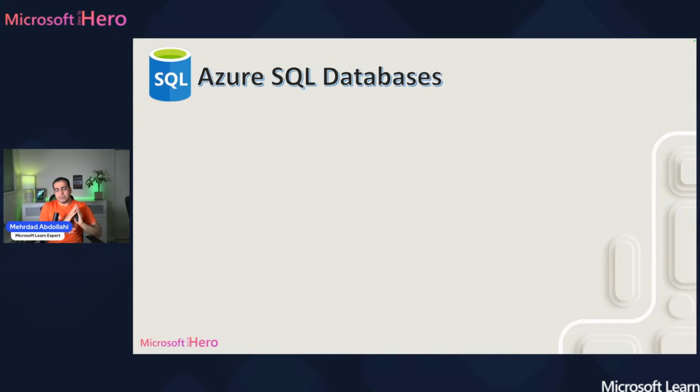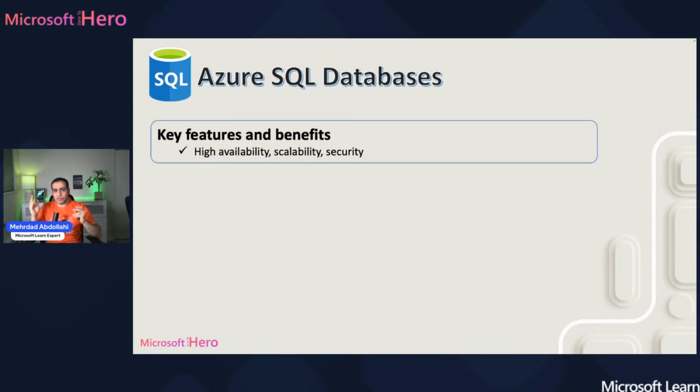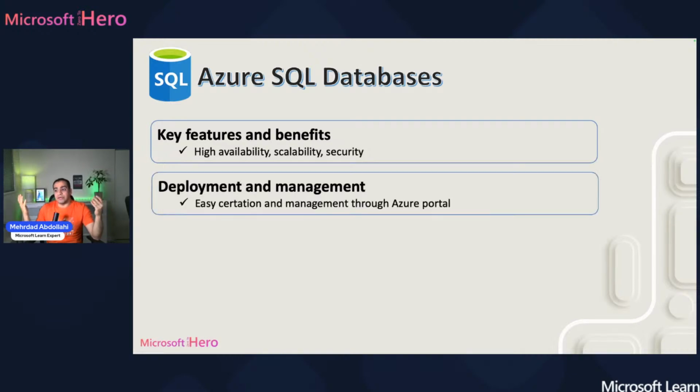Let's have a look at Azure SQL Database for the relational databases, right? For the key features and benefits of Azure SQL Database, we can mention its high availability, scalability, and security. To deploy and manage, it is very easy to create one Azure SQL database from the Azure portal, with some clicks and some configurations.